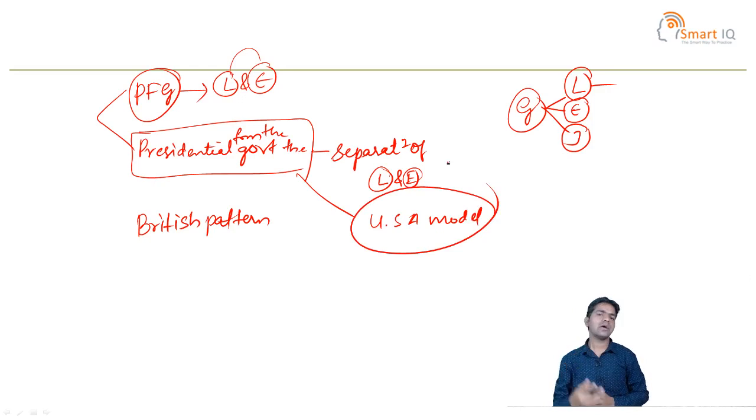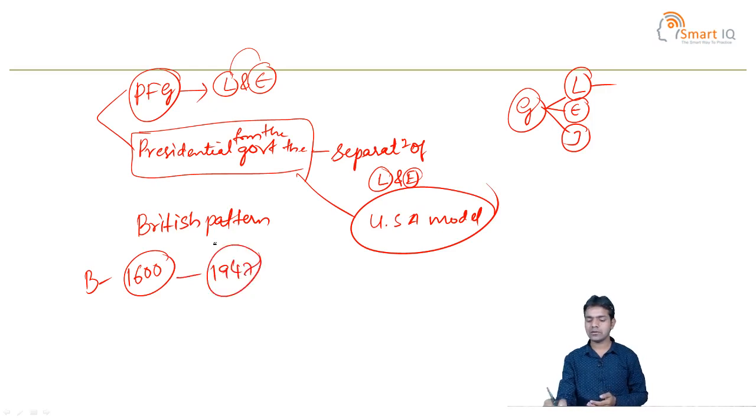Why did the framers of the Indian Constitution adopt the parliamentary form of government? Because the British came to India for trade in the 1600s and ruled India up to 1947, so most of the policies and constitutional provisions adopted by Indians are related to them.